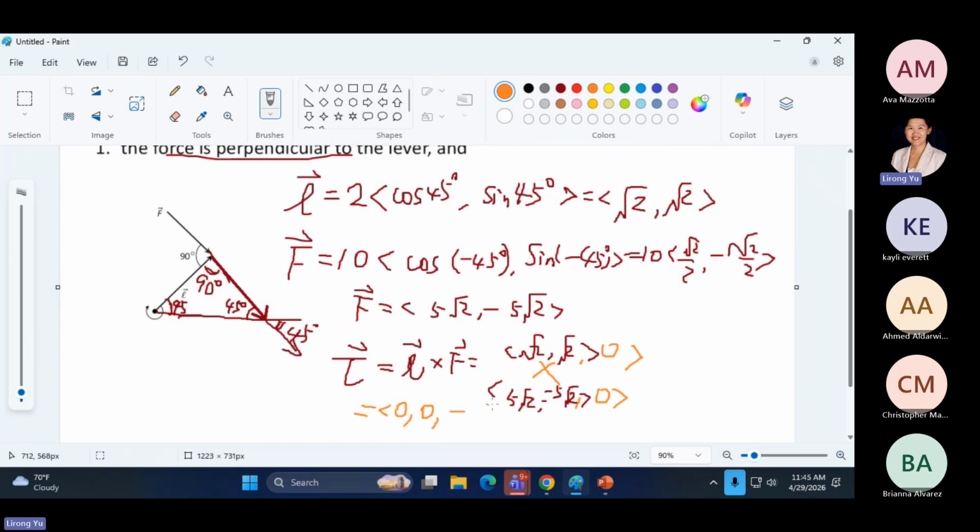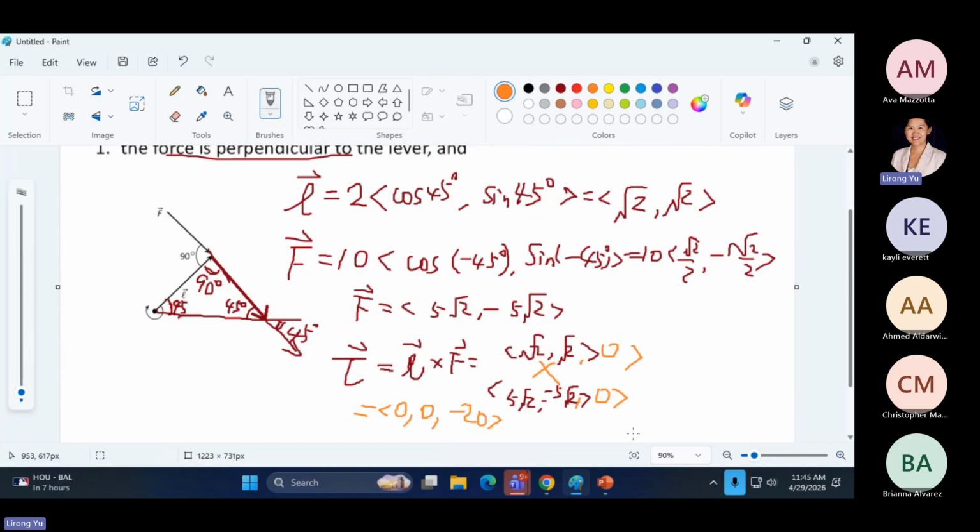Negative 10 and subtract, so it's negative 20. So we have a torque that's directly going that way. That's the answer to the first question. Any questions? Because the first two components are 0, the magnitude of the torque is actually 20.